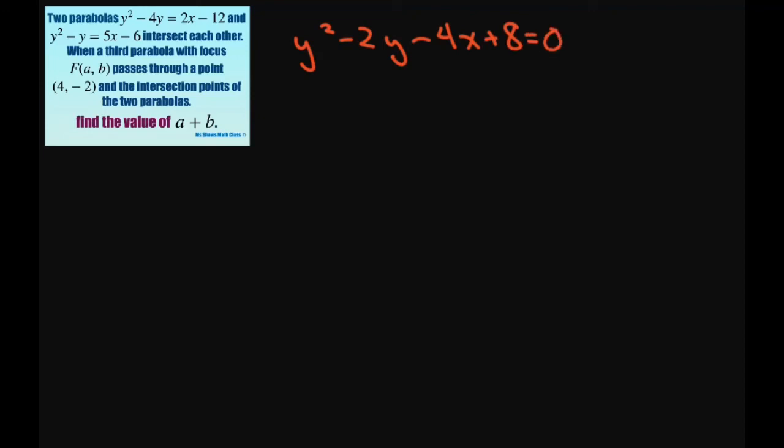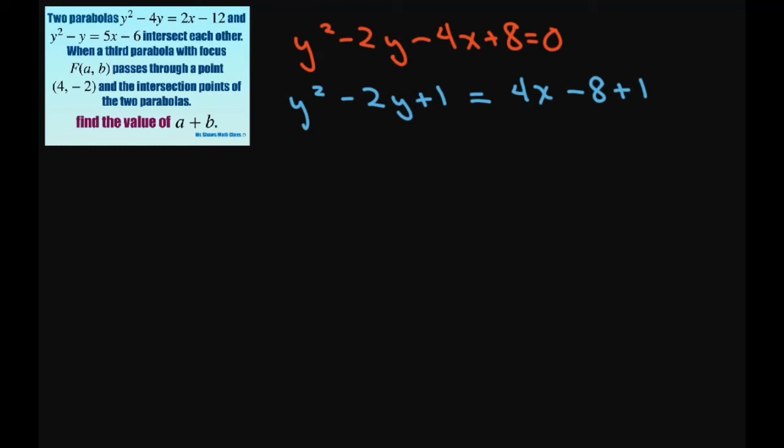So let's write it as a parabola. We have y squared minus 2y equals 4x minus 8. Now, to complete the square, we're going to add 1 here.